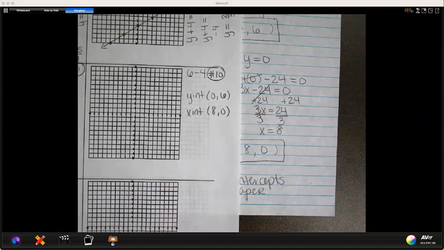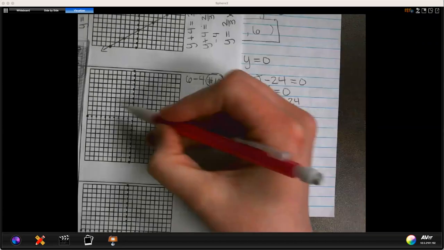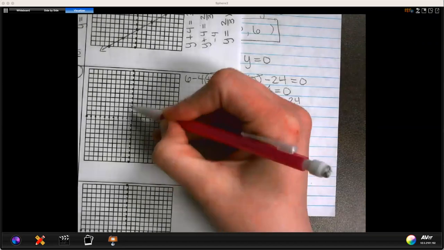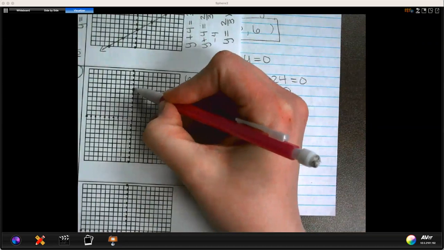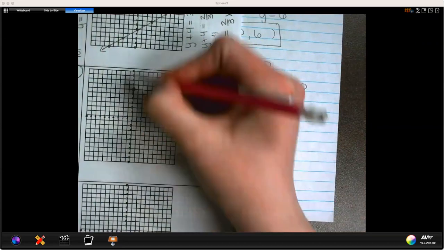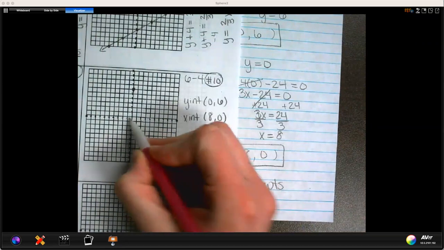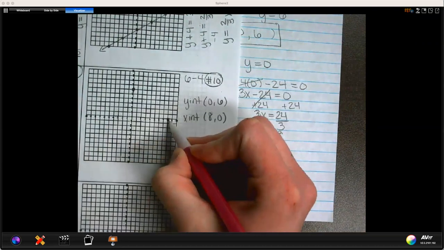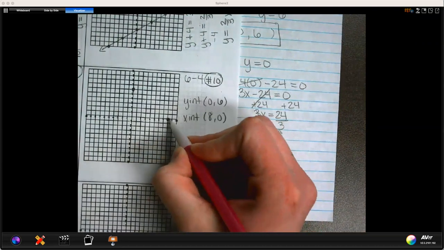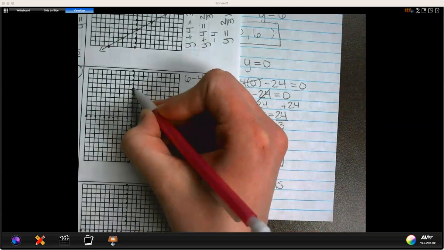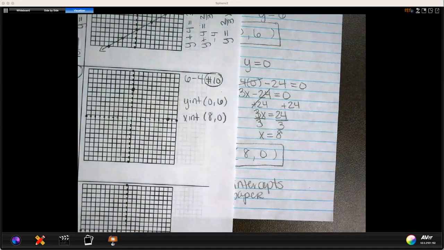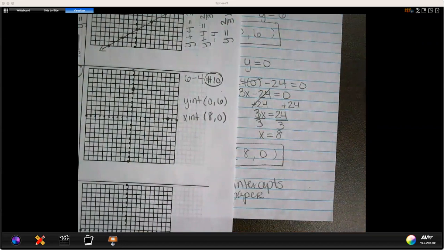All right, so on our graph paper, we are simply going to plot the y-intercept and the x-intercept as two separate points. So go ahead and do that. We have our y-intercept on the y-axis. We have our x-intercept on the x-axis. If you plot a point and it's not on the axis, something's wrong.